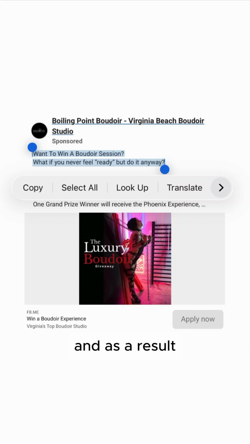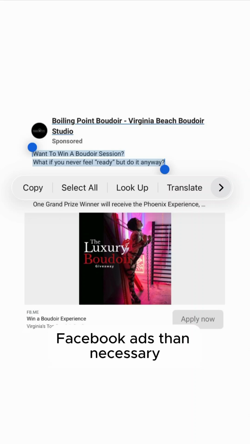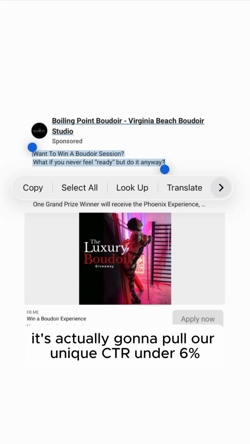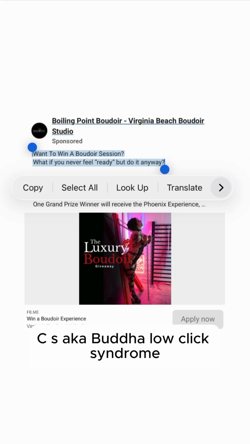And as a result, we're going to have way, way, way more women scrolling by our boudoir Facebook ads than necessary. And it's going to pull our unique CTR under 6% and increase the probability that we have BLCS, aka boudoir low-click syndrome.